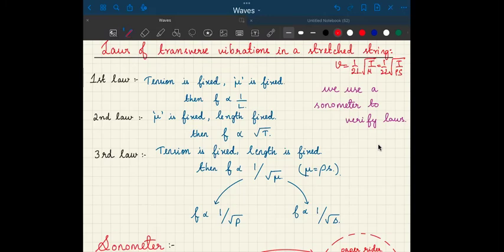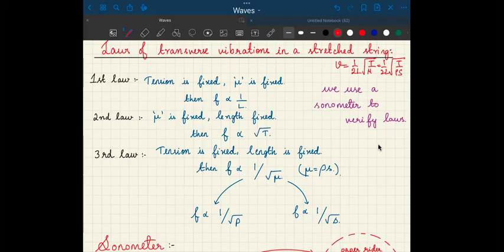The wire is given, the wire is fixed. Then frequency depends upon the length of the wire chosen, such that F into L is a constant. This we will call the first law. So F is inversely proportional to L. You can see that from the formula. The entire thing in the root becomes constant once you set tension constant and wire fixed.